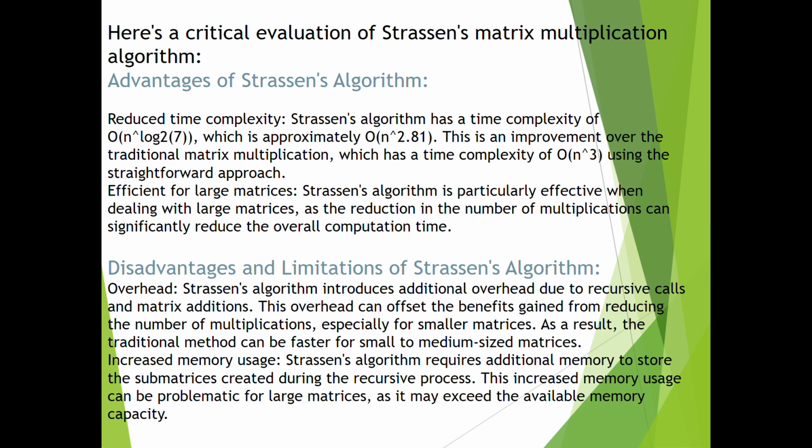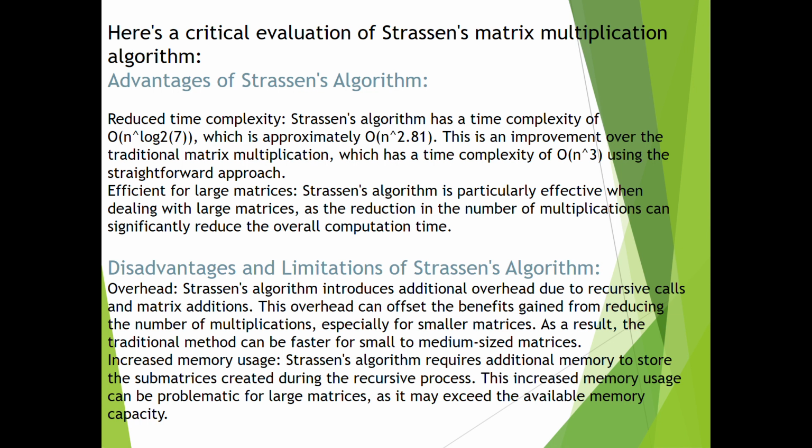There are some disadvantages and limitations of this matrix algorithm also. Overhead: Strassen's algorithm introduces additional overhead due to the recursive calls and matrix additions. This overhead can offset the benefits gained from reducing the number of multiplications, especially for small matrices.